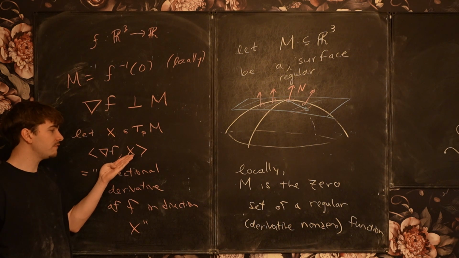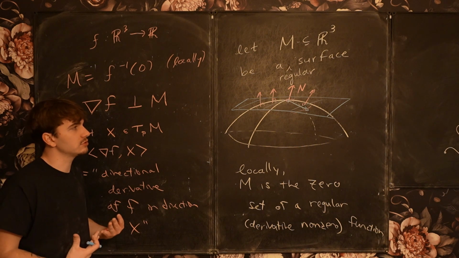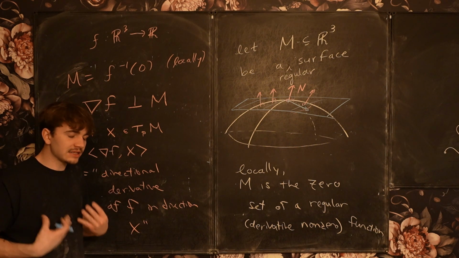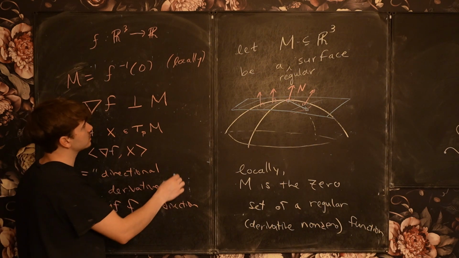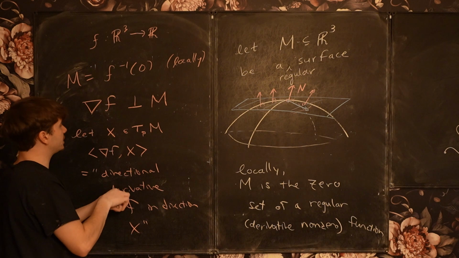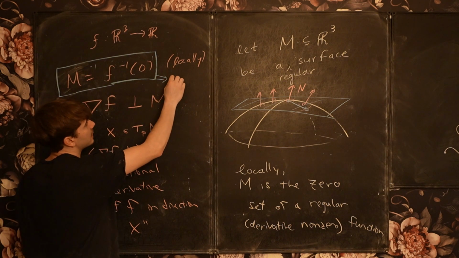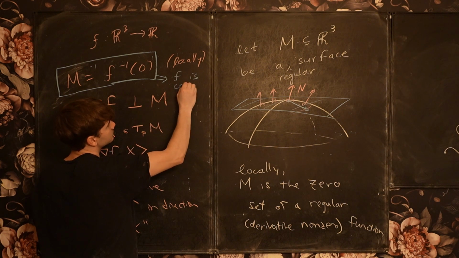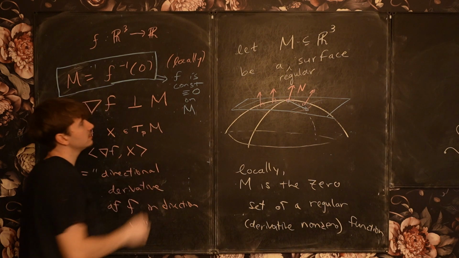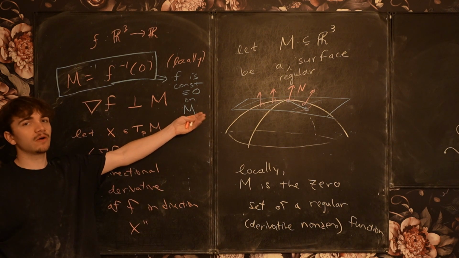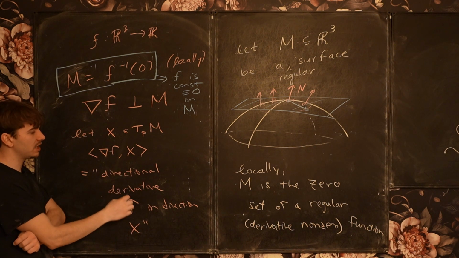Okay, but if we're staying inside of the manifold, then locally f is identically equal to 0. This equation here, M equals f inverse of 0, tells us that f is constant and equal to 0 on M. Since f is just equal to 0 on the manifold M, its directional derivative in the direction x must be 0.